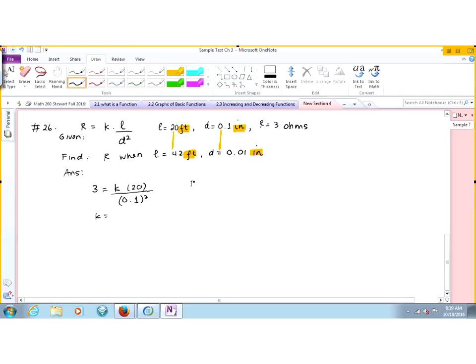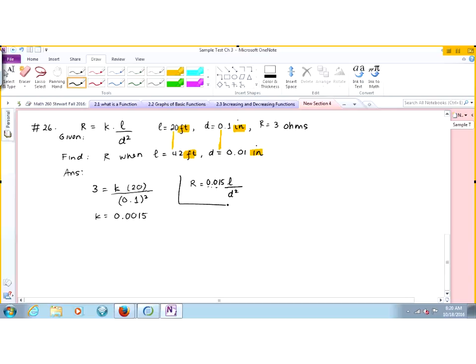So what is K here? And then R is equal to whatever K you get, times L over D squared, and then we substitute. Does that make sense? That's how we do it. Can you tell me what K is? 0.0015.